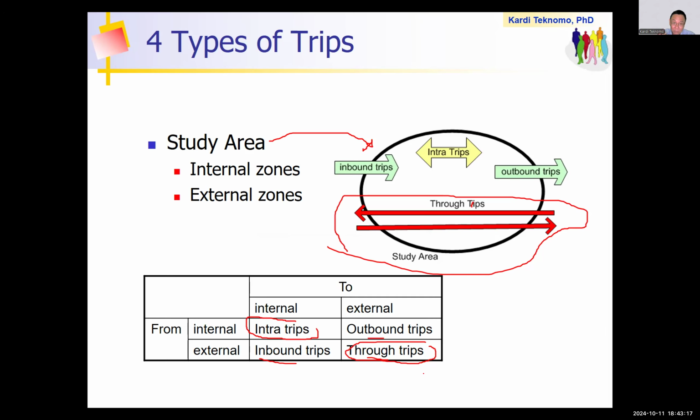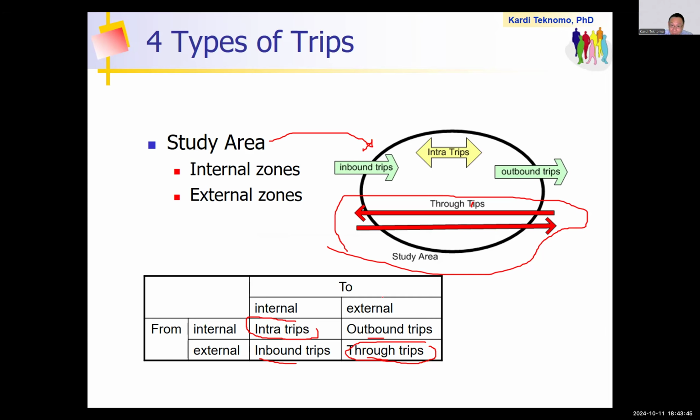That is how you compute the feasibility, for example, for the tollway. If many trips are through trips, then you don't let them go inside, contributing to the traffic inside the city center.